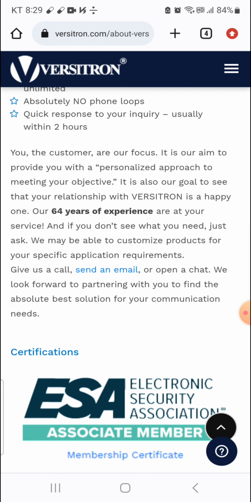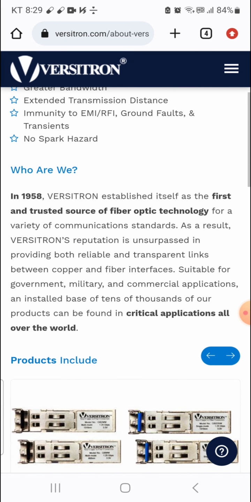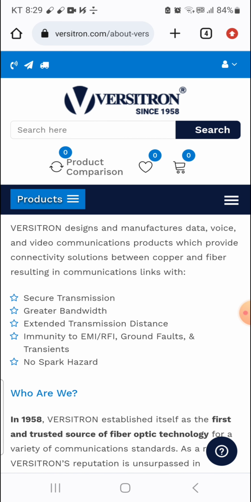Very strong. They use good expressions: reputation, we customize, meeting your company objective, personalized approach, aim, and so on. Those are good expressions and a good telecom company. I like Veritron. Everybody, if you want to do business with IP cameras and NVRs, this is your company.